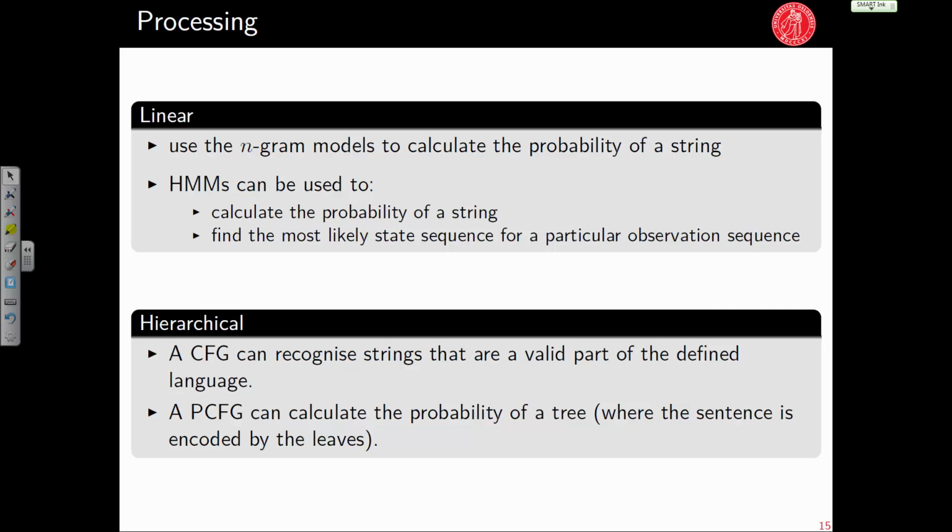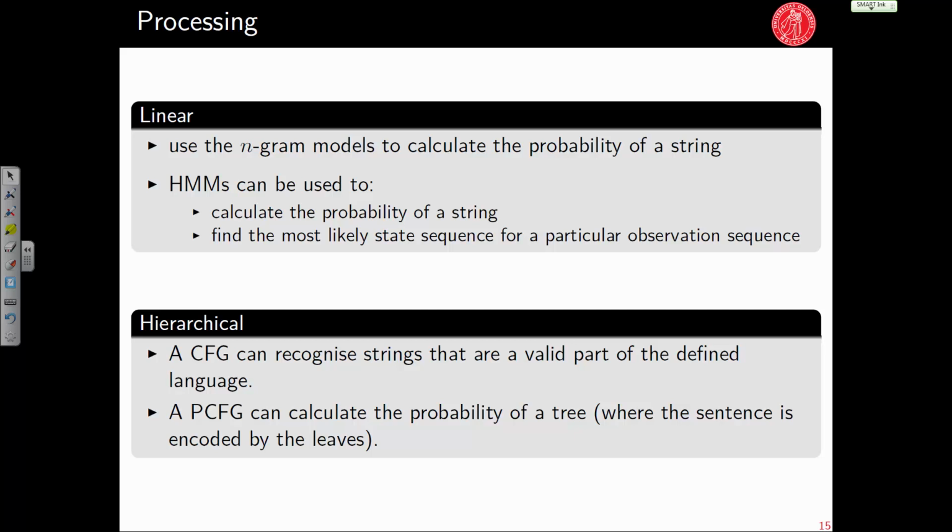And in the hierarchical space, we introduced the context-free grammar rules to recognize whether a string is a valid string or not, if it belongs to some language.